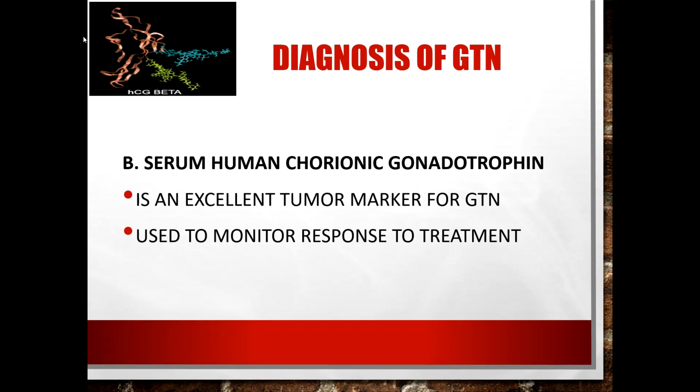As we can recall, serum beta-HCG is a member of the glycoprotein hormones. They are heterodimers consisting of an alpha and a beta subunit, where the alpha subunit is similar to LH, FSH, and TSH, whereas the beta subunit is unique and differentiates HCG from the other glycoprotein hormones.